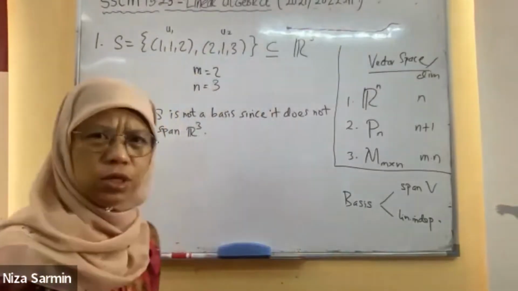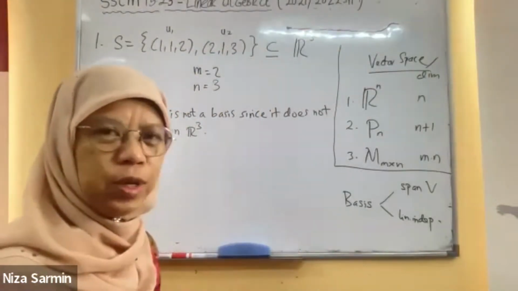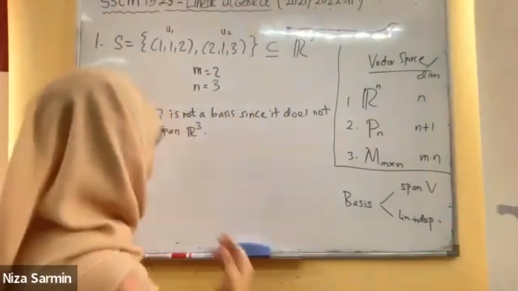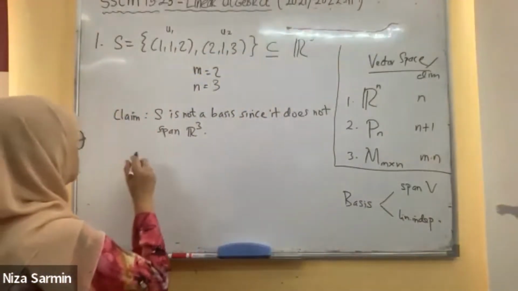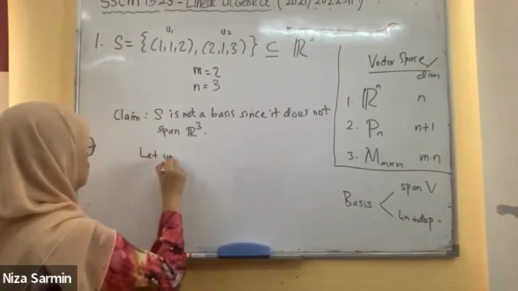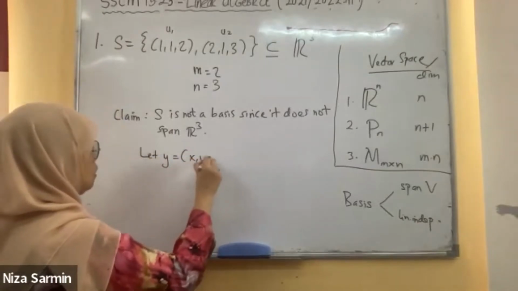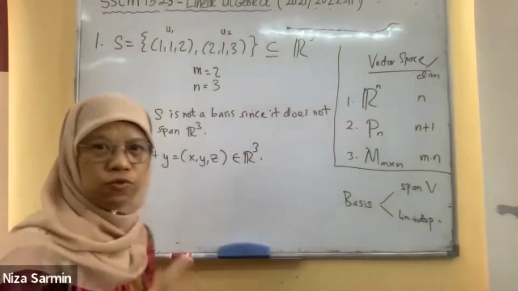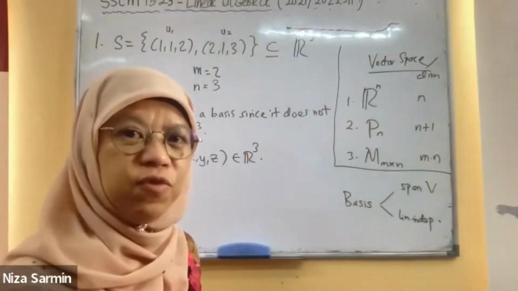Okay, so how do I show this? It's by showing that you cannot solve the system. So this means, let X, Y, Z in R3. This is also very critical to know what V is.